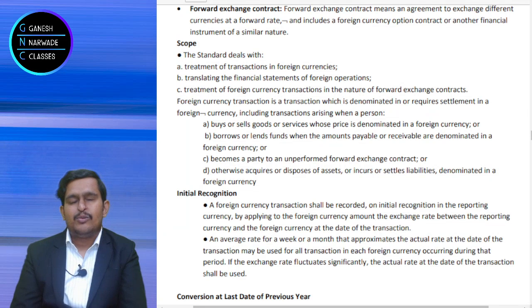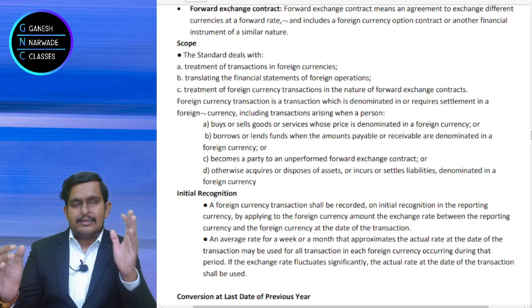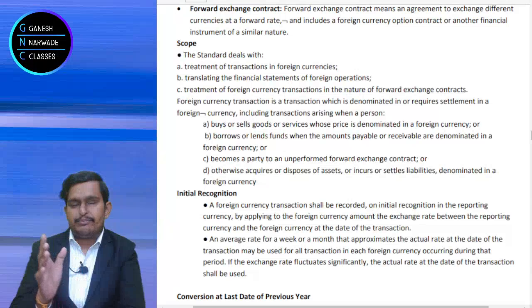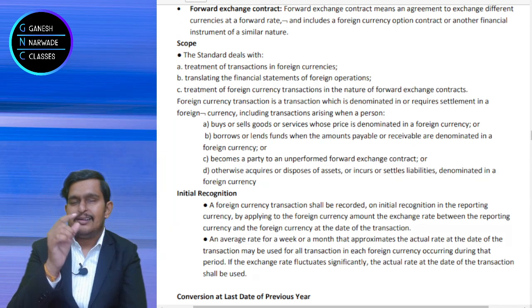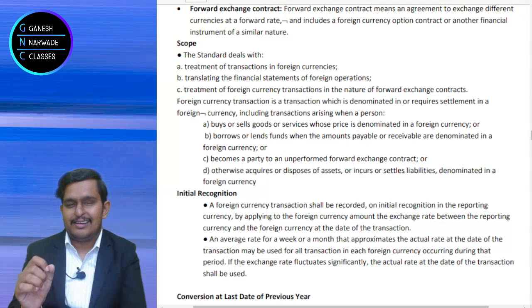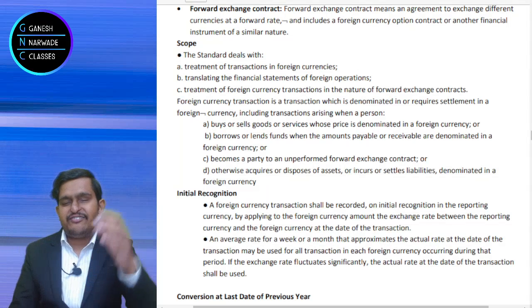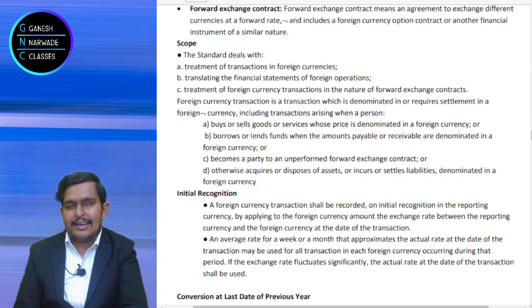For those activities in the UK, the financial statements are prepared, balance sheet, P&L account, correct? They are prepared there. But now when Tata's P&L account and balance sheet should be prepared in India, it should include the whole globe's income which Tata is earning. So that means UK financial statements of Tata should be converted to Indian currency, correct?